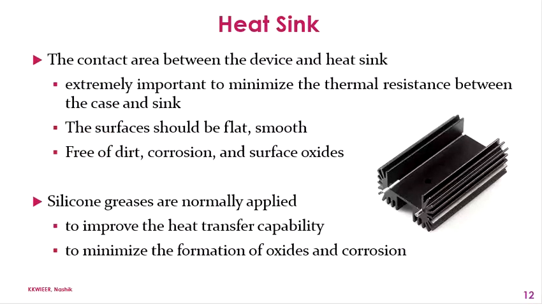The contact area between the device and heat sink is extremely important to minimize the thermal resistance between the case and the sink. The surface should be flat, smooth, free of dirt, corrosion and surface oxides.